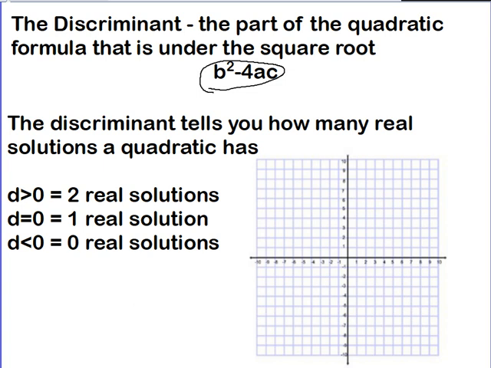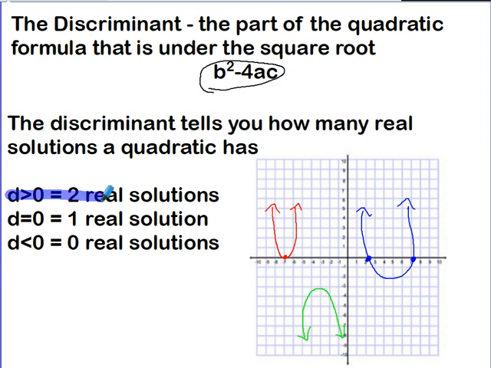So if you remember, we talked about quadratics could have 2 solutions if they cross the x-axis in 2 separate places. They could have 1 solution if the vertex is on the x-axis. That one only has 1 solution. And they could have 0 solutions if they never cross the x-axis. Okay? And so that is what the discriminant tells us.